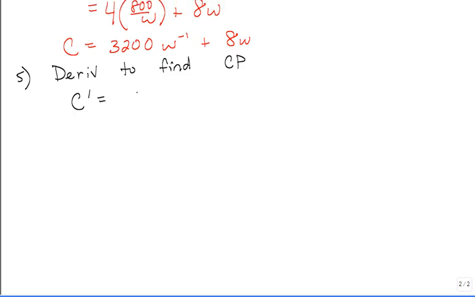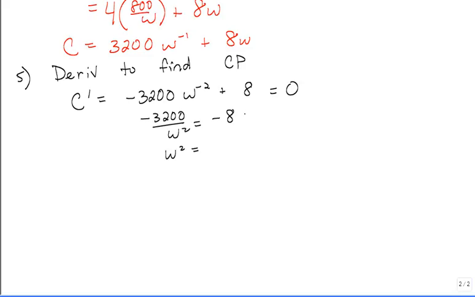So C prime is minus 3200 W to the negative 2 plus 8, and we set it equal to 0. So I have negative 3200 over W squared equals negative 8. W squared is 400. Take the square root, we get 20. Now you only take the positive one because we're dealing with measurements.